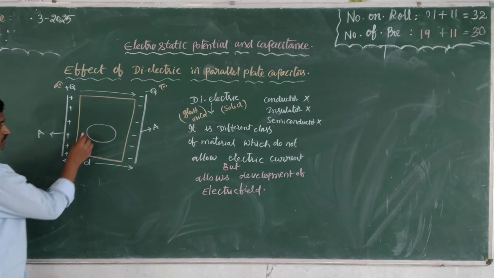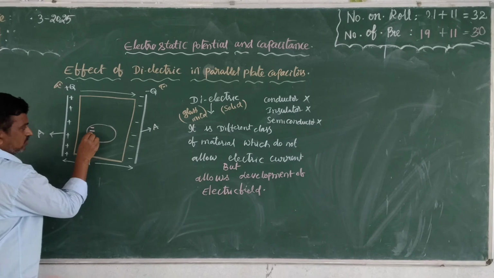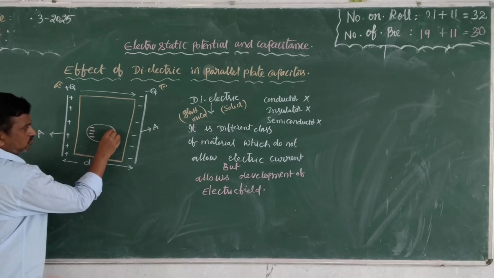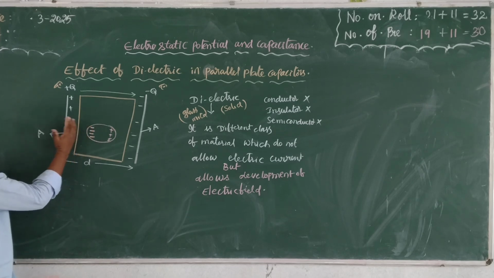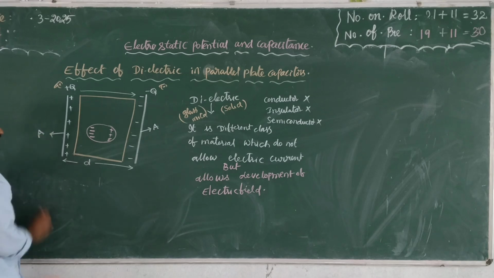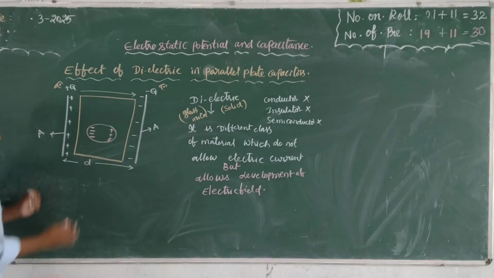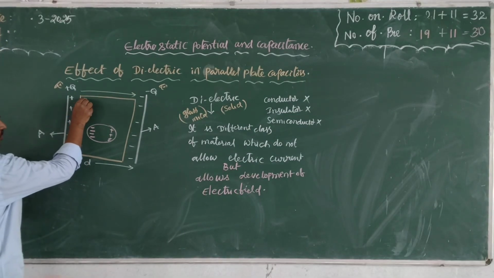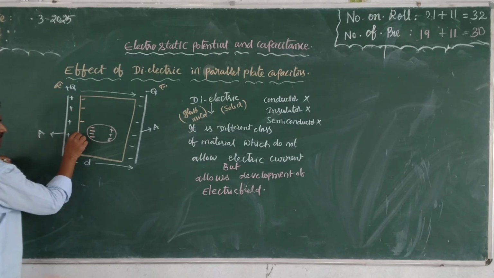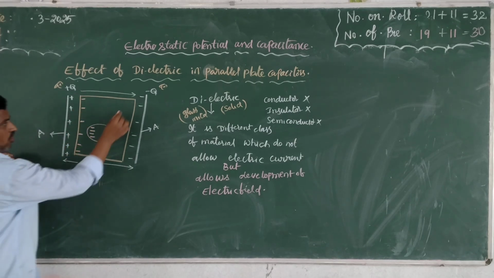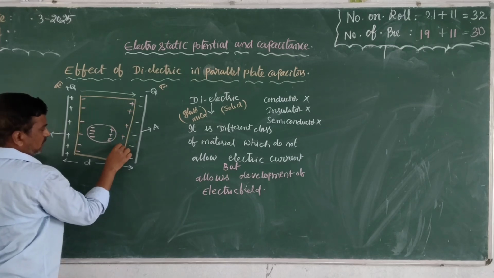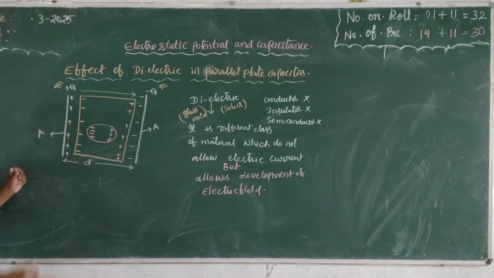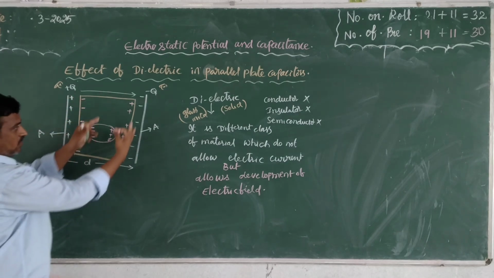In this, all negative charges polarize to one side and positive charges polarize to the other side. Here the positive plate is attracting, so negative charges move this side and positive charges move the other side. Here in the dielectric also, there are negative charges and positive charges.